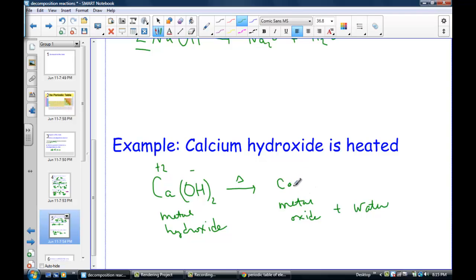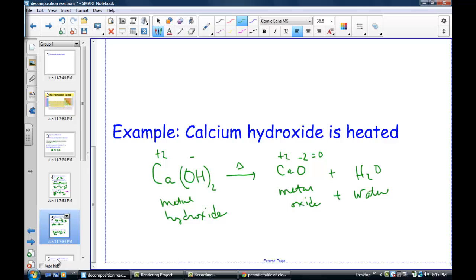The metal, calcium. The nonmetal is oxide, based on charge to equalize, CaO. And of course water is H2O. A single reactant breaking down to simpler ingredients. CaO plus water are the products in this decomposition. And this one indeed worked out balanced. I like those. Let's go on.